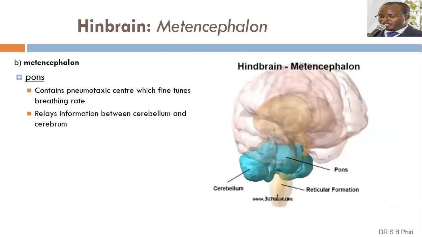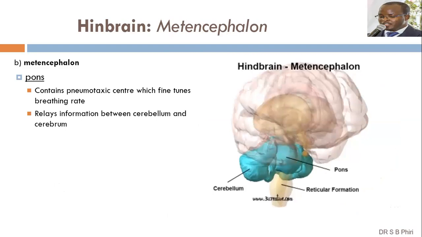Okay, then the other part, we have the pons and the cerebellum. So the pons contains the pneumotaxic center, which fine-tunes the breathing rate. So when talking of control of breathing, you have the pneumotaxic center that is found within the pons. We discussed this when we were looking at respiratory physiology.